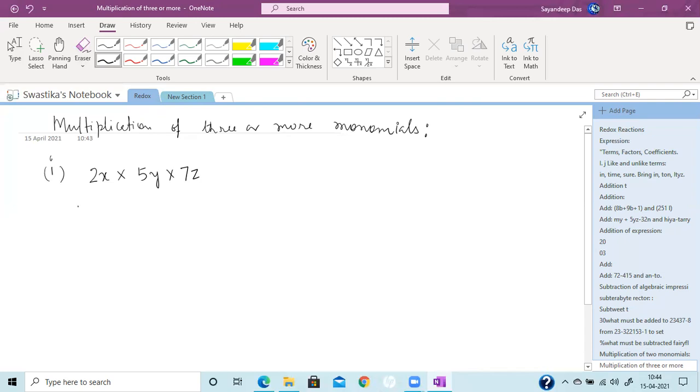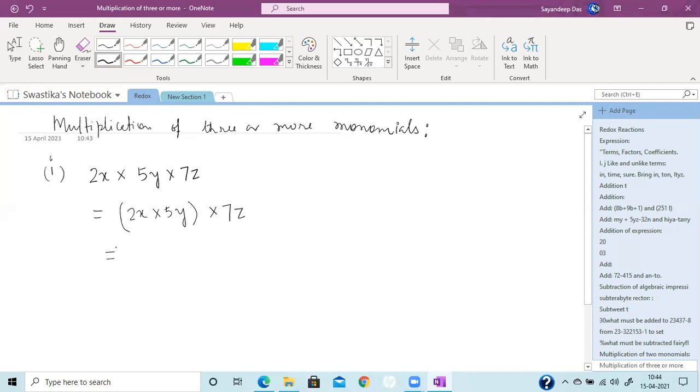Suppose you are given the 3 monomials and you are asked to multiply them, how will you do it? You can first multiply these 2 monomials, that is 2x into 5y, for simplification.